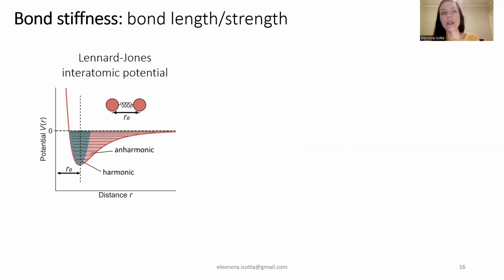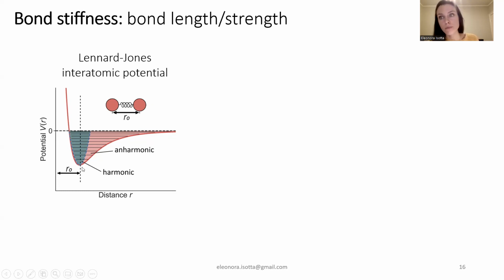This comes down to the Lennard-Jones interatomic potential. This curve describes the interatomic potential between two atoms. When they are sufficiently far away from each other, they will have no attraction, no repulsion, no interaction at all, and so the potential will be zero. As they get closer, attractive interaction will start to occur, and the potential will start being negative.